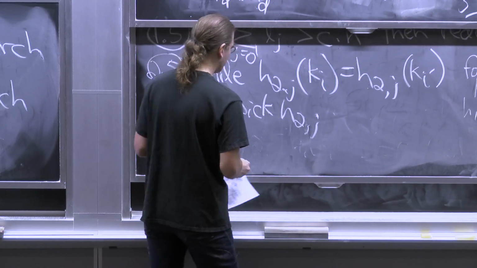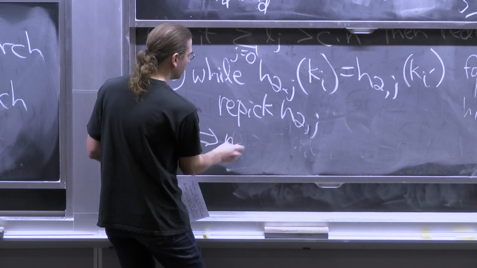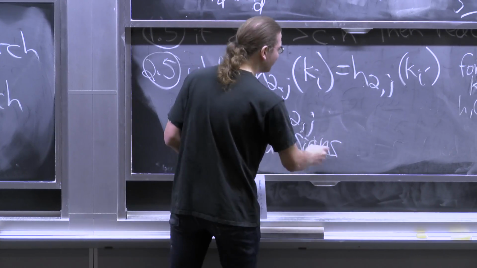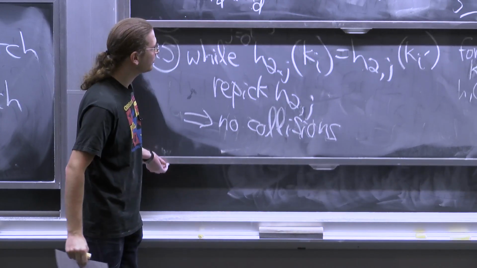That's right. After we do this while loop, there are no collisions, with the proper notion of the word collision, which is 2 different keys mapping to the same value.